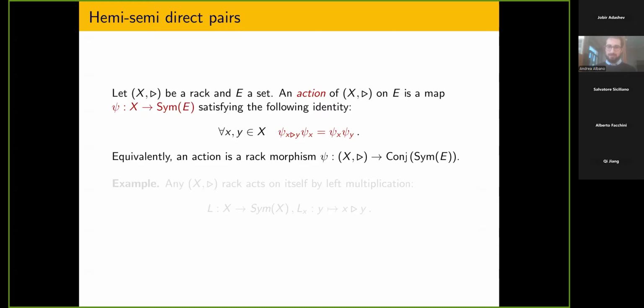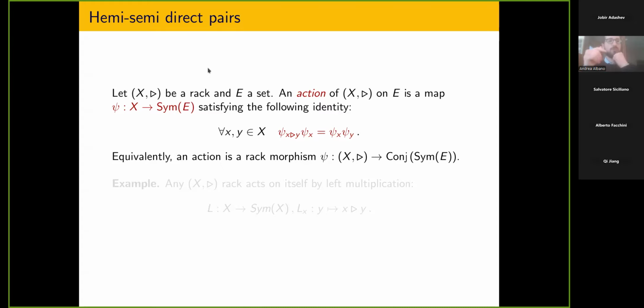To understand better what I want to talk about now, it is important to give you some ingredients. Recall that the procedure we are using here is to start from a rack, actually from a shelf, but we will stick with rack structures, because from di-skew braces we obtain bijective solutions.